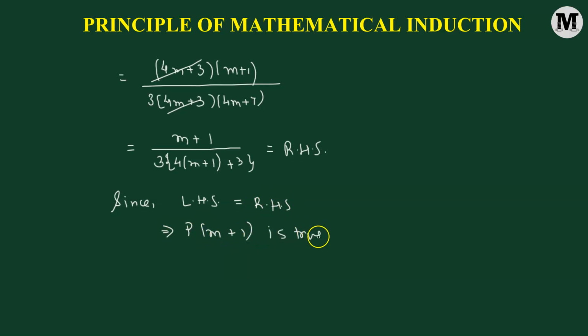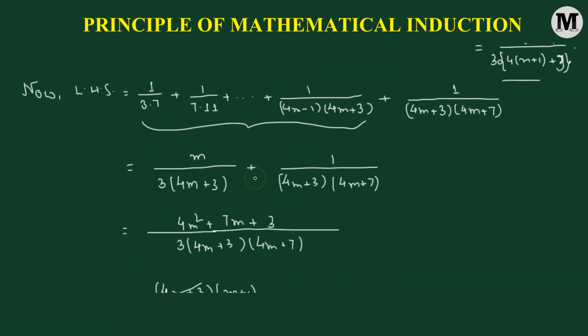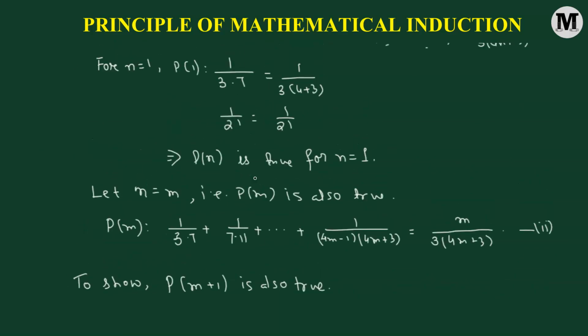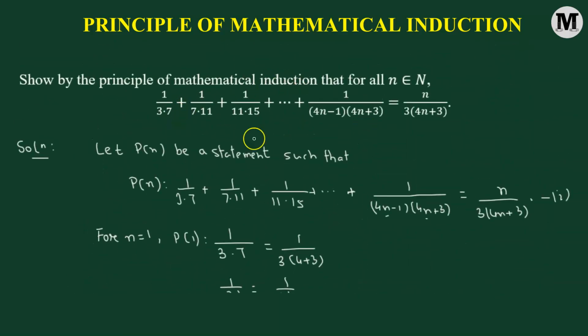Now that we have shown that P(m plus 1) is true, we can generalize it, and say that the original statement P(n) is true for all values of n belonging to the set of natural numbers. So by using the principle of mathematical induction, we have verified that the given statement P(n), which is this particular equation, is a true statement.